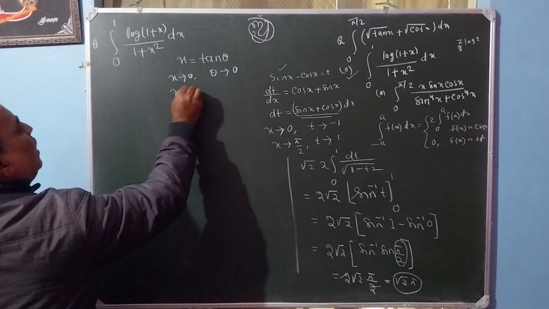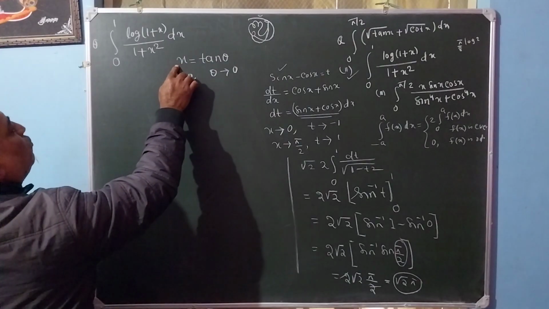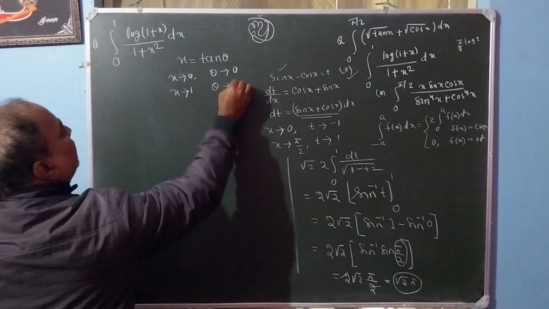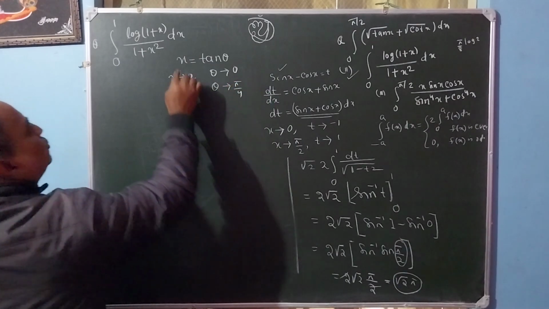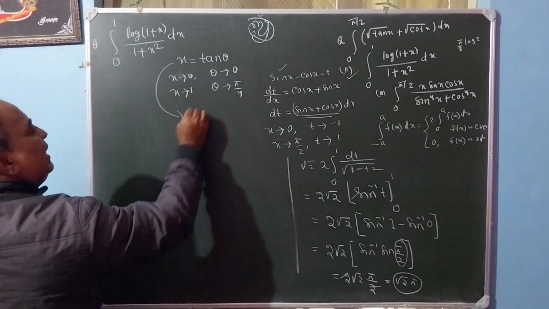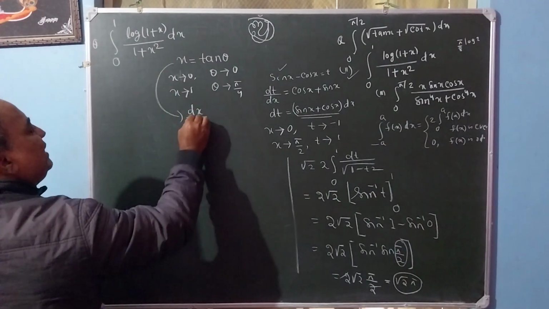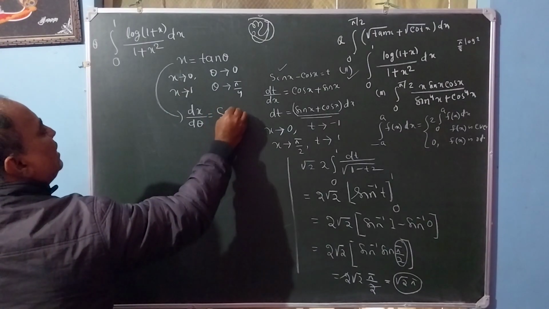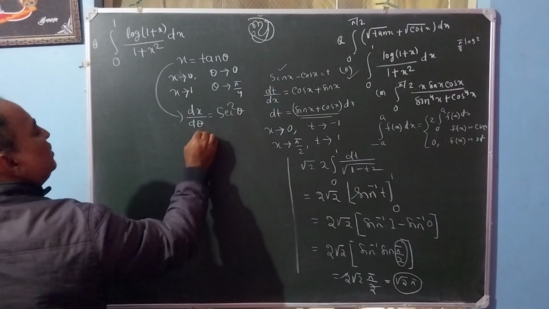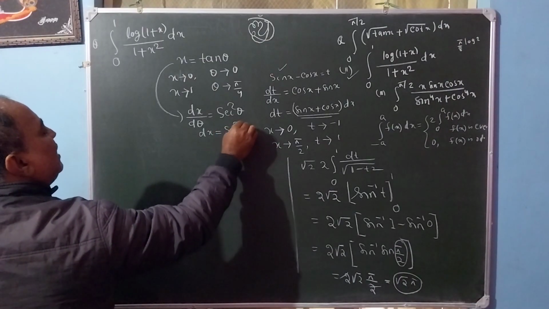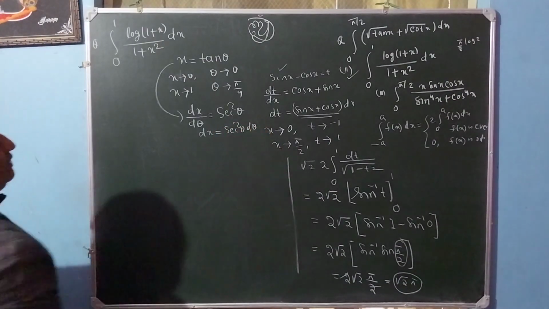X tends to 1 means x is equal to 1, tan theta is 1, so theta tends to pi by 4. Differentiating on both sides with respect to theta, dx by d theta is the derivative of tan theta, sec square theta. So dx is equal to sec square theta d theta.